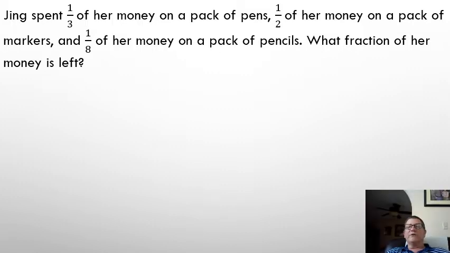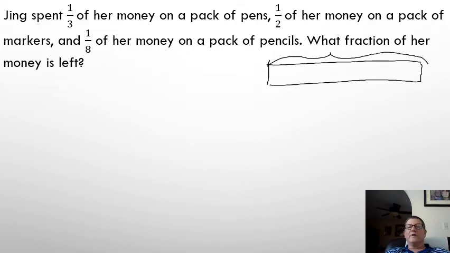Okay, so the first thing we're going to do is we're going to create a tape diagram. And our total on this one is 1 because it's all the money she had. Then we're going to say here that 1/3 of her money was spent on pens. Then we have 1/2 of her money was spent on markers.